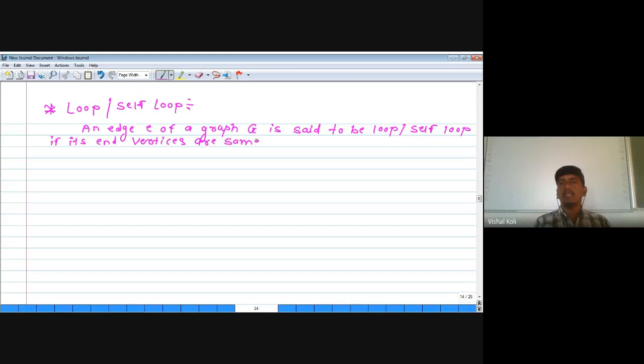That is, any edge E of a graph G is said to be a loop if its end vertices are same. That is, it travels from the same vertex to itself.